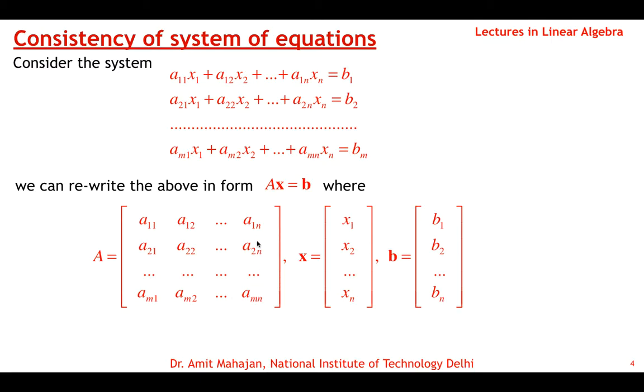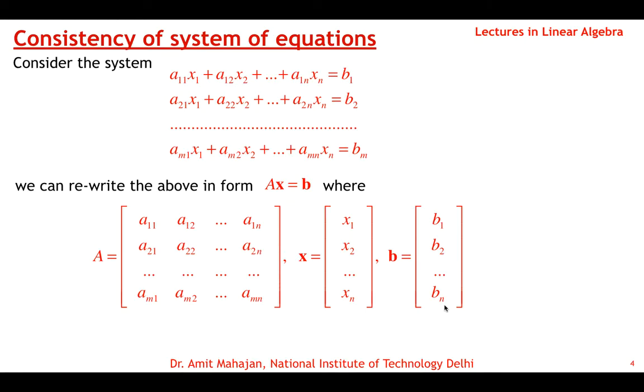This matrix is the coefficient matrix of the unknown variables. X is a column vector with unknowns x1, x2, xn. Their product is the left hand side of each equation, and B is the column matrix of the right hand side, b1, b2, bm.